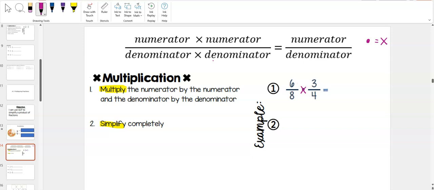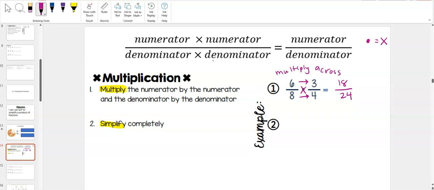And like I said, we're doing numerator times numerator and denominator times denominator, so we're just multiplying straight across. Make a little note in your notes here: multiply across. So we're going to do 6 times 3, which is 18, and 8 times 4, which is 24.